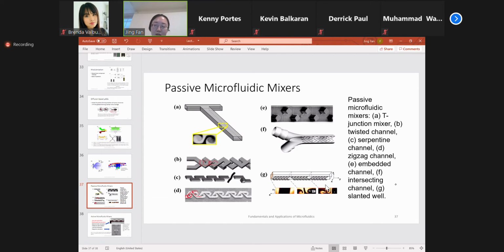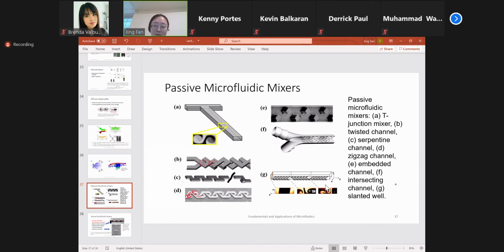And in panel E, it has these diamond-shaped obstacles. In the same paper, the authors also simulated 4 types of obstacle shapes, including diamond and also circular, triangle-shaped, and another shape called stepped diamond.